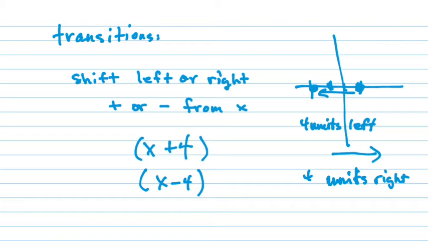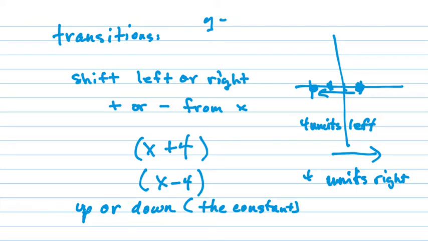Okay? Then, you also can go either up or down. Okay? This affects the constant. Remember, the format is y equals x squared plus x plus some constant at the end.